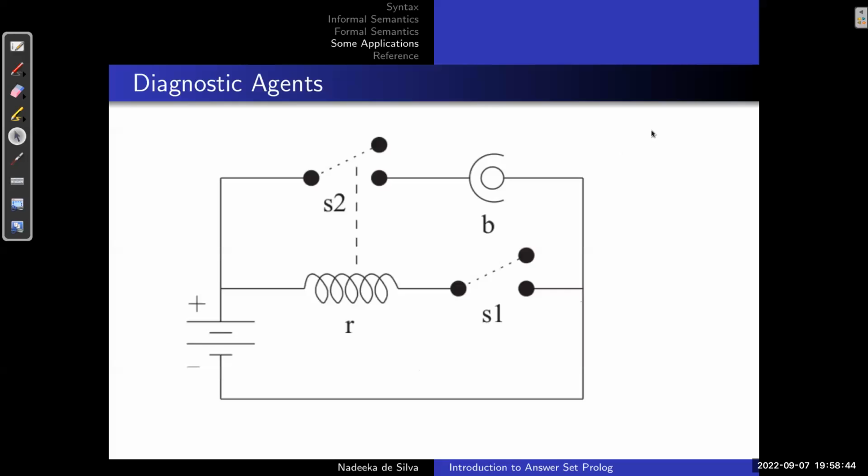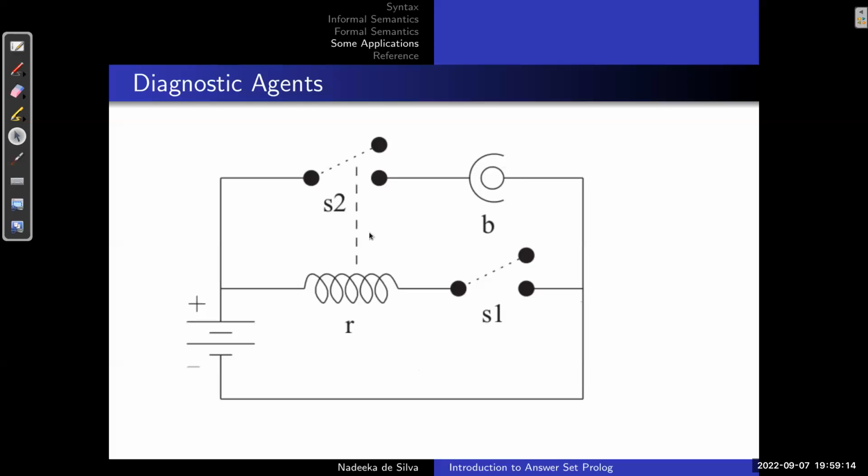In the beginning, the agent knows everything is in working condition. He can observe whether closing of switch 1 occurred, whether the closing of S2 occurred, and whether the bulb is lit. He doesn't have any way to observe the conditions caused by nature, that is the break condition and the surge condition.